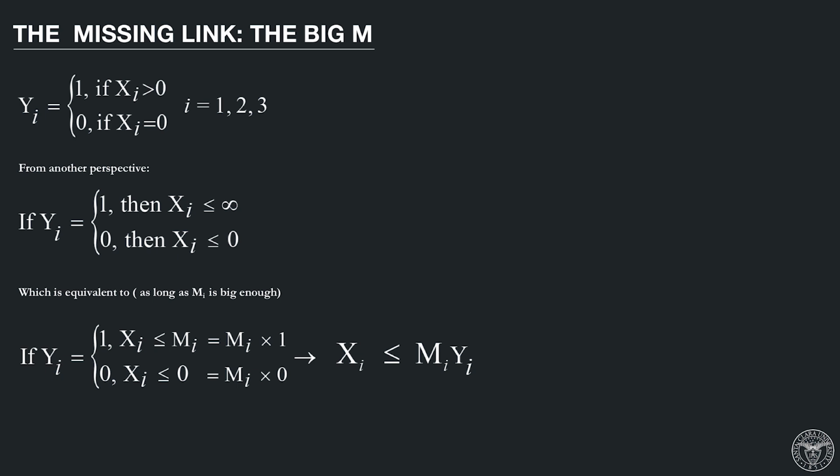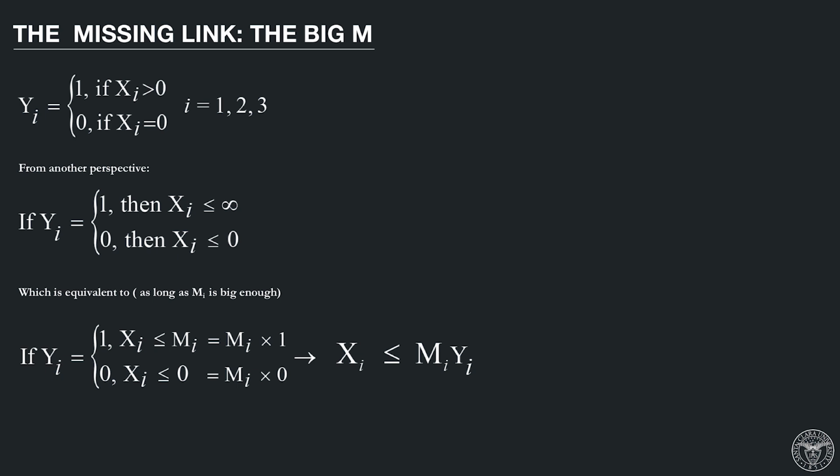But typically, we don't need infinity in the model. So we are going to replace infinity with a big number we call big M. In this case, we have xi less or equal mi. Big M is a very big number. It's big enough so that we don't have to worry about how much we are going to produce of product 1, product 2, or product 3.